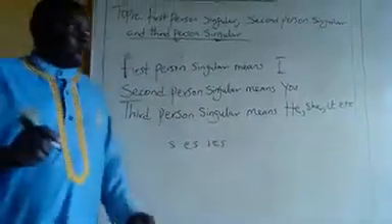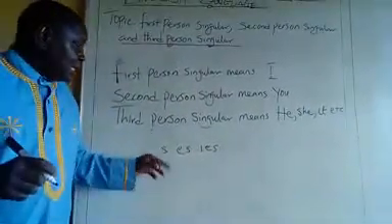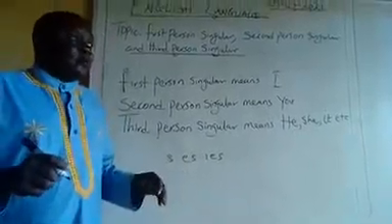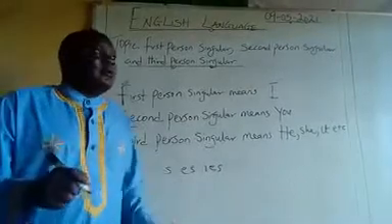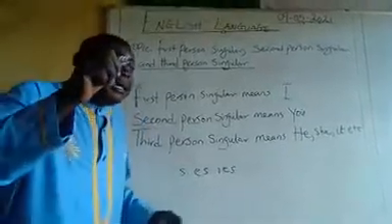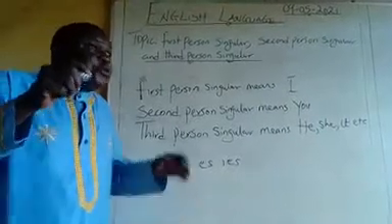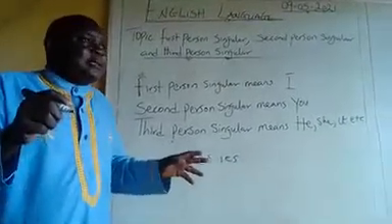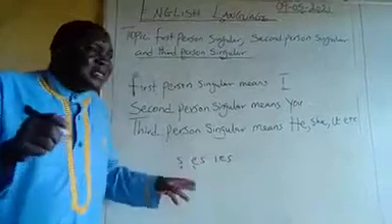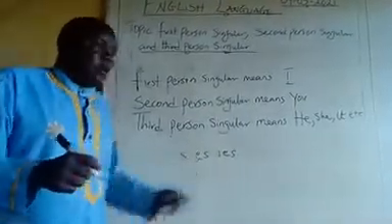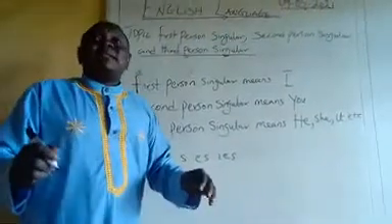That is to say, if you want to make sentence with the third person singular, the verb that you can use with the third person singular must carry S or ES or IES.